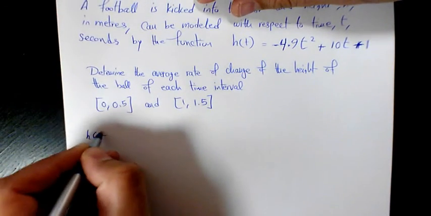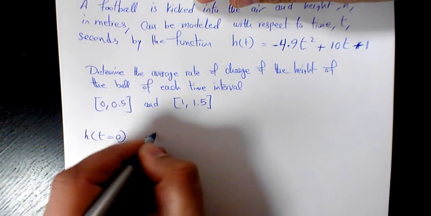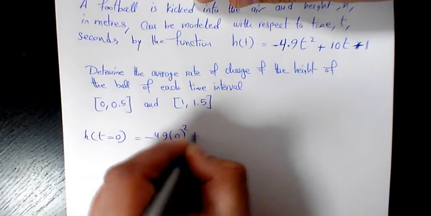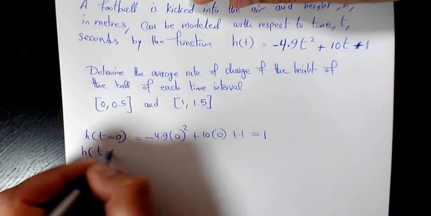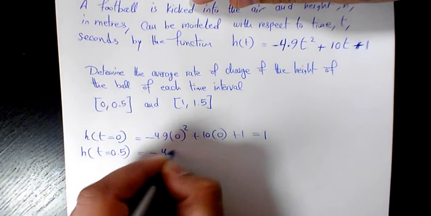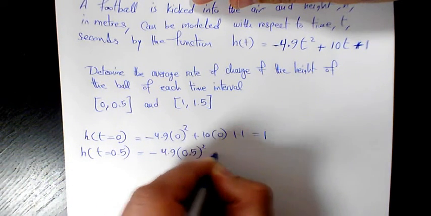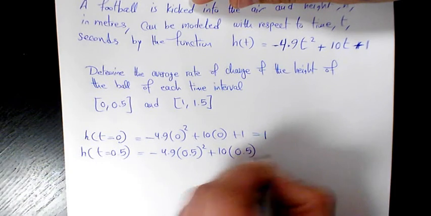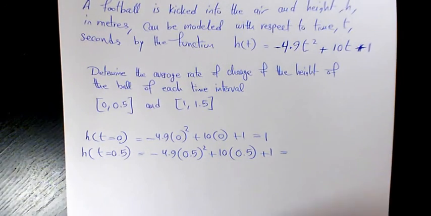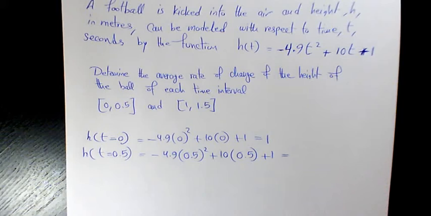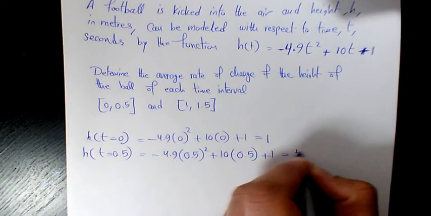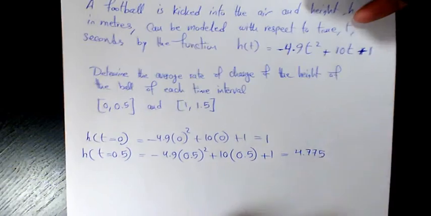Let's find out the first part first. So h of 0 is going to be negative 4.9 times 0 squared plus 10 times 0 plus 1, which is going to be 1. h of 0.5 is going to be negative 4.9 times 0.5 to the power of 2, plus 10 times 0.5, plus 1. That's going to be 5.775.